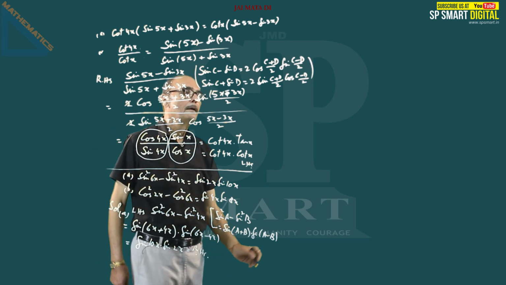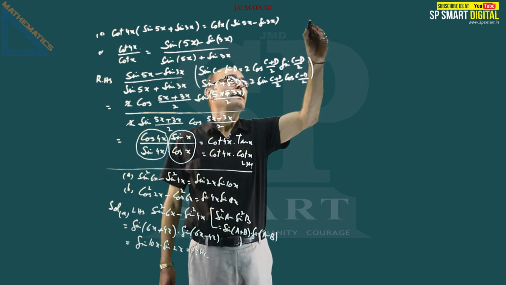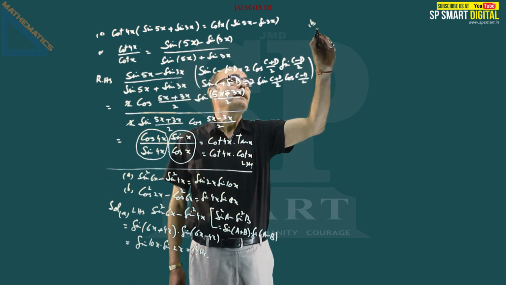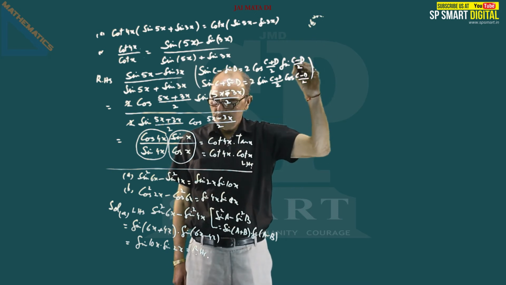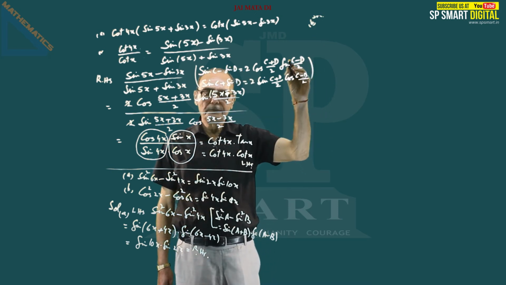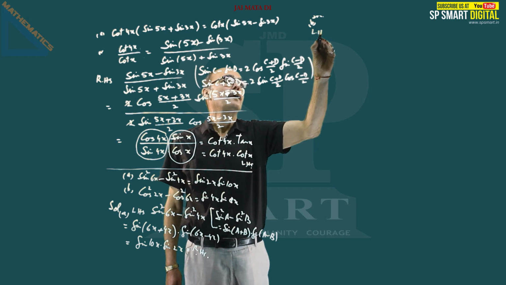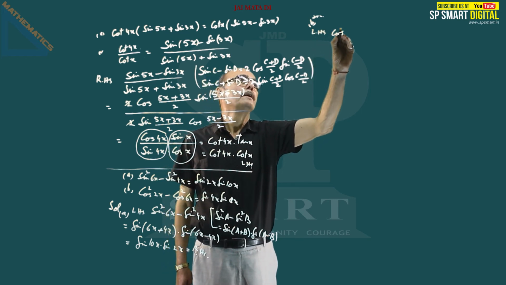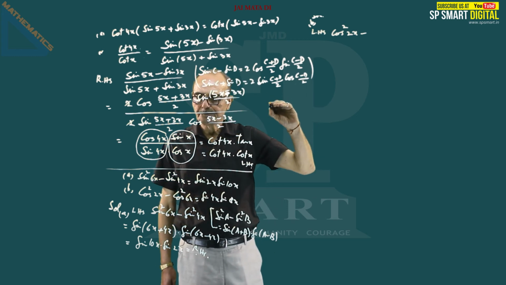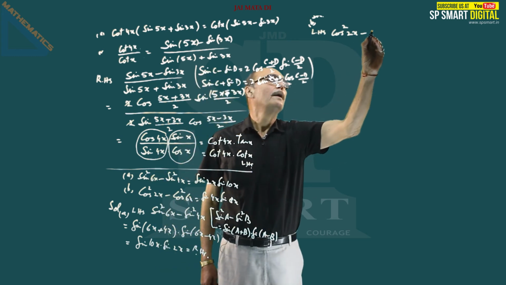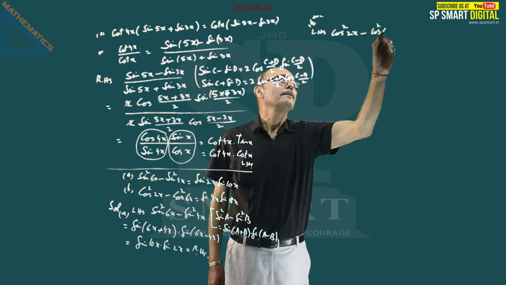Now, we have the solution of the b part. This is the left hand side, cos square 2x minus cos square 6x.